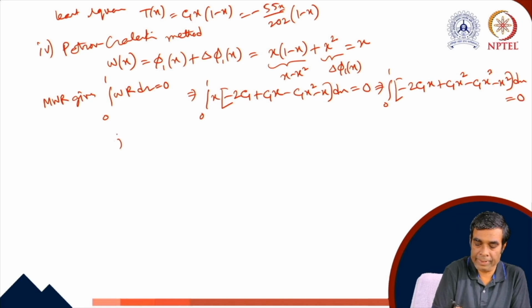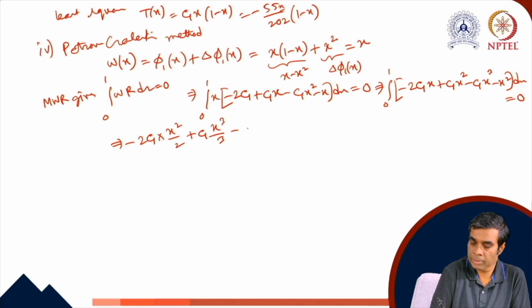We perform the integration here. It gives us minus 2c1 into x square by 2 plus c1 into x cubed by 3 minus c1 into x to the power 4 by 4 minus x cubed by 3 from 0 to 1 is 0.